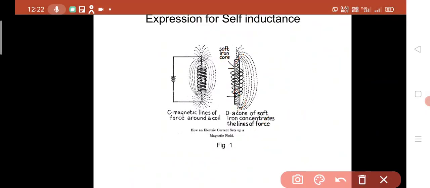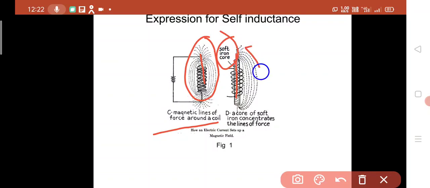This is the soft iron core, these are the magnetic lines of force around a coil. This is the coil. A core of soft iron concentrates the lines of force.